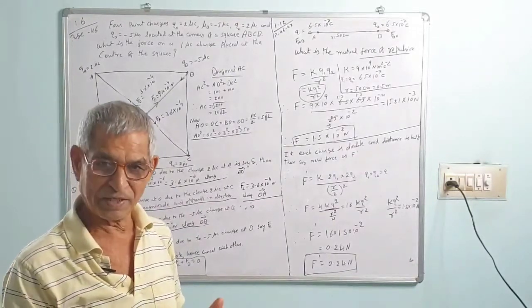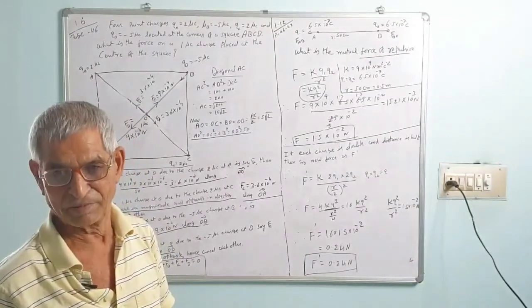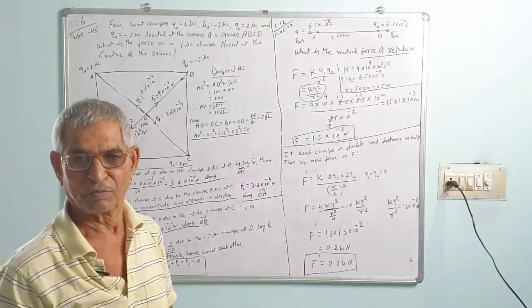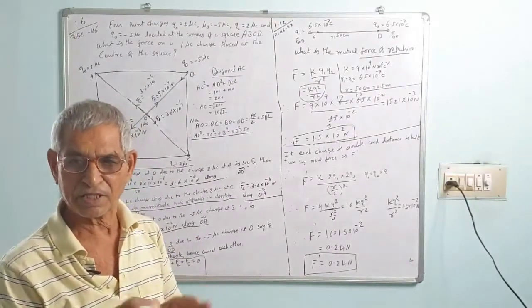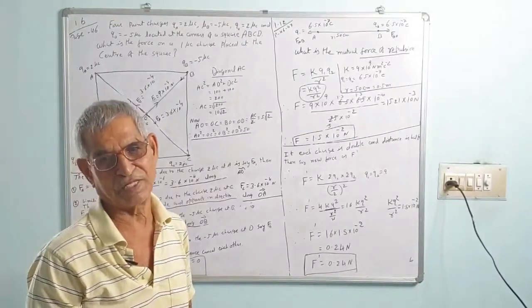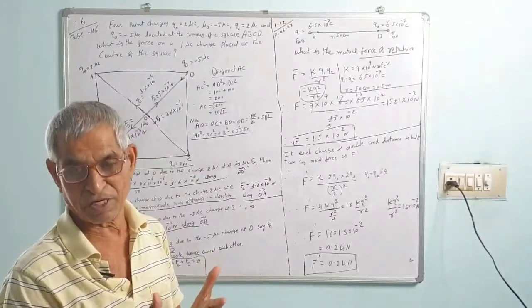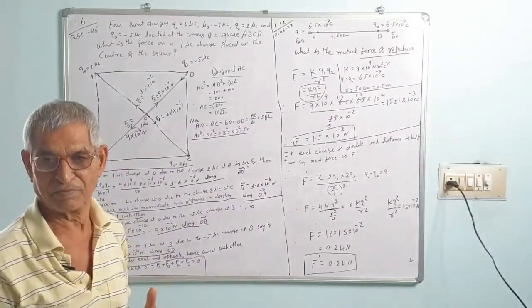But if one is increased and another is decreased, then it will make a difference. Understood? So if charges are increased and distance is decreased, then force will increase. But if distance is increased and charges are also increased in the same proportion, then no change.